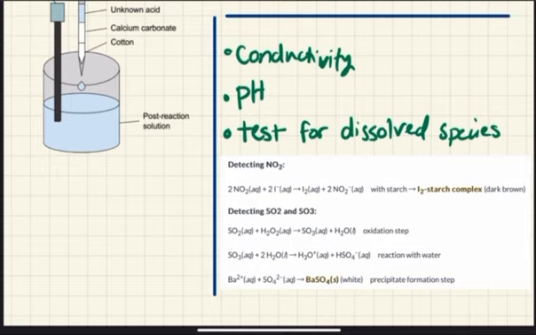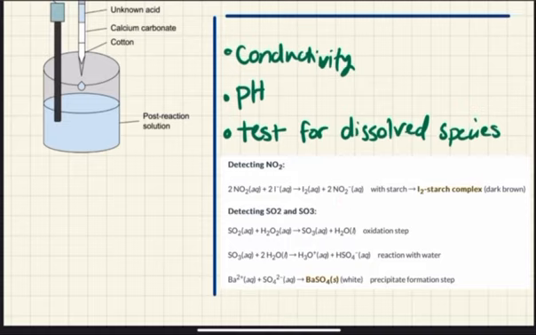Okay. So when testing for dissolved species in your original water samples in the beginning of the experiment, we have two strategies specifically for detecting the presence of nitrogen dioxide and sulfur dioxide. When you want to detect nitrogen dioxide, you'll combine it with an iodide source because nitrogen dioxide can oxidize your iodide ions into iodine, the molecule I2.